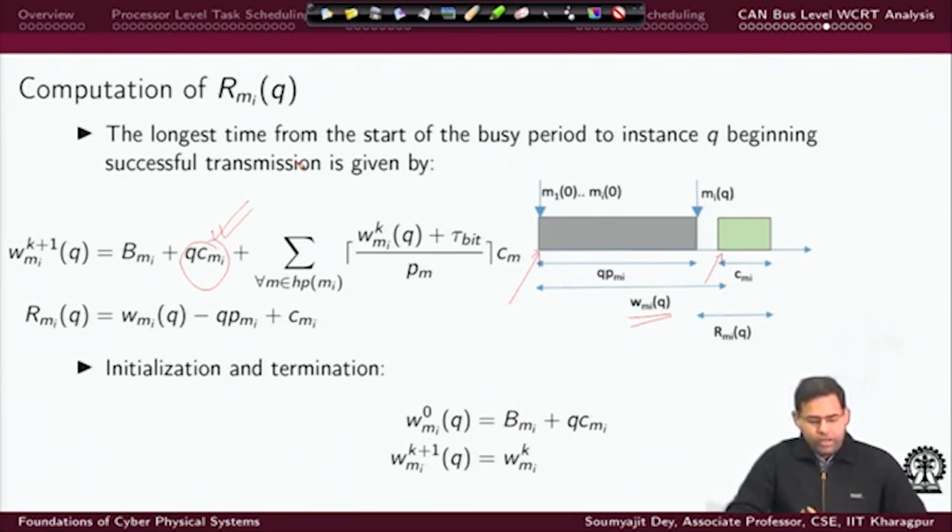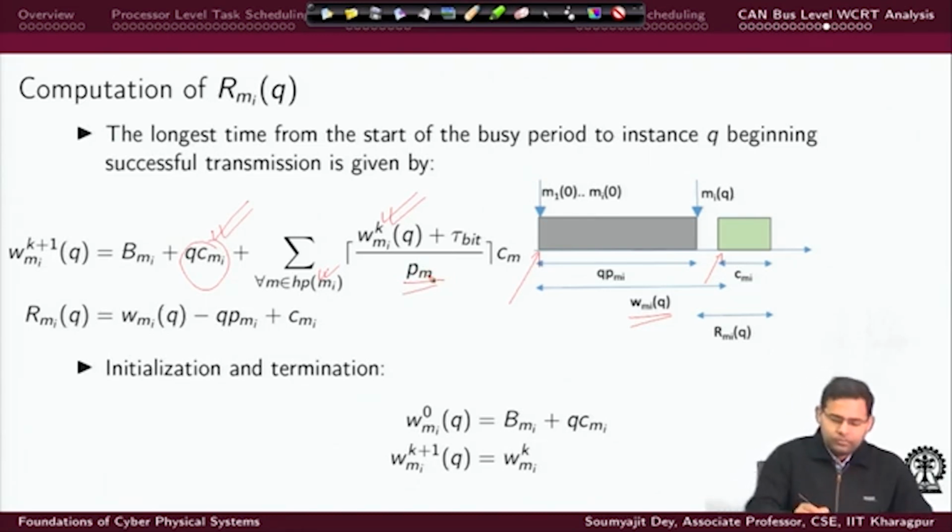So the way I will calculate the interference time is, I will see what are the higher priority messages, and I have a previous estimate of this quantity, add with it tau bit, which is the transmission time of 1 bit, assuming this is where the first bit of this particular message starts transmission, and you are dividing this by this message's periodicity.